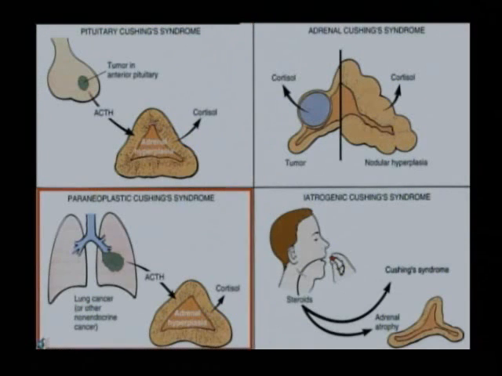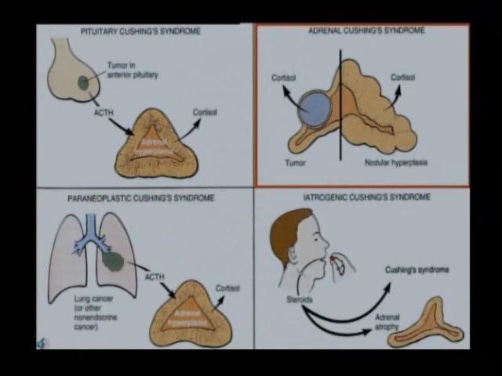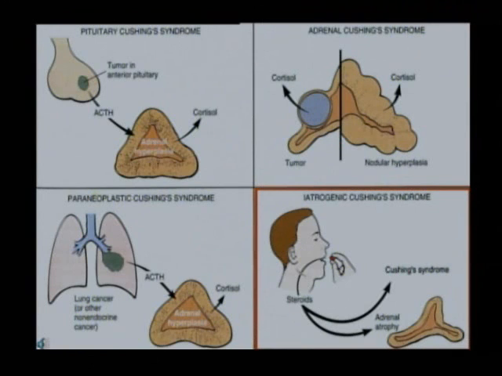Paraneoplastic Cushing syndrome, in which a tumor, very commonly an oat cell malignancy of the lung, elaborates ACTH or an ACTH-like hormone. Primary hypercortisolism, i.e. adrenal Cushing syndrome, is usually caused by a cortisol-secreting adenoma or primary hyperplasia of the gland. And finally, iatrogenic Cushing syndrome, caused by administration of exogenous steroid.